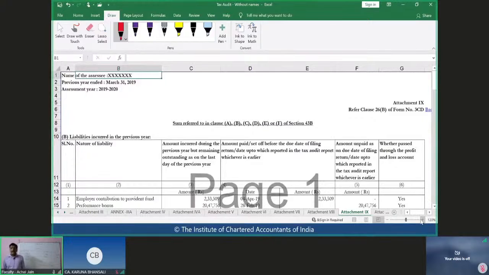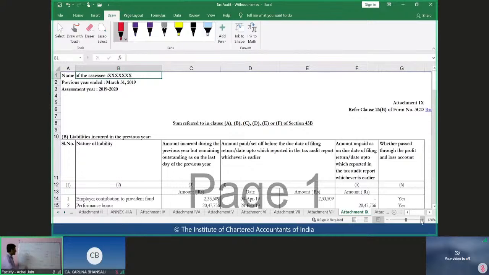So it says liabilities incurred in the previous year. Now in the second clause, which all liabilities are required to be reported? Not the liabilities which existed in the preceding year, but the liabilities which were incurred during the previous year, means during the financial year.